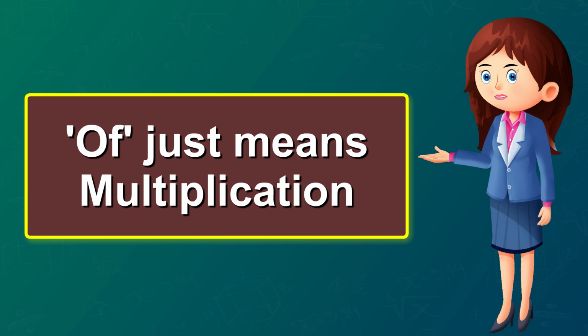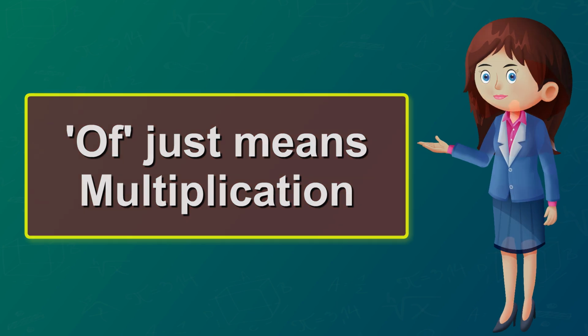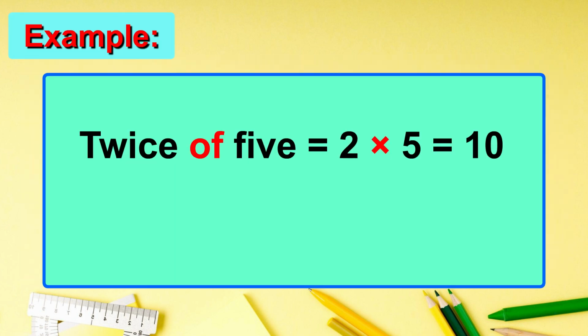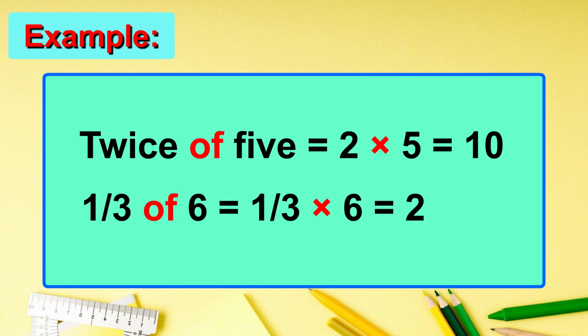Whenever in a numerical expression we find twice of, 8% of, 4 of 5, 1/3 of 6, etc., we use the times multiplication sign in place of of. Twice of 5 is equal to 2 times 5 is equal to 10. 1/3 of 6 is equal to 1/3 times 6 is equal to 2.